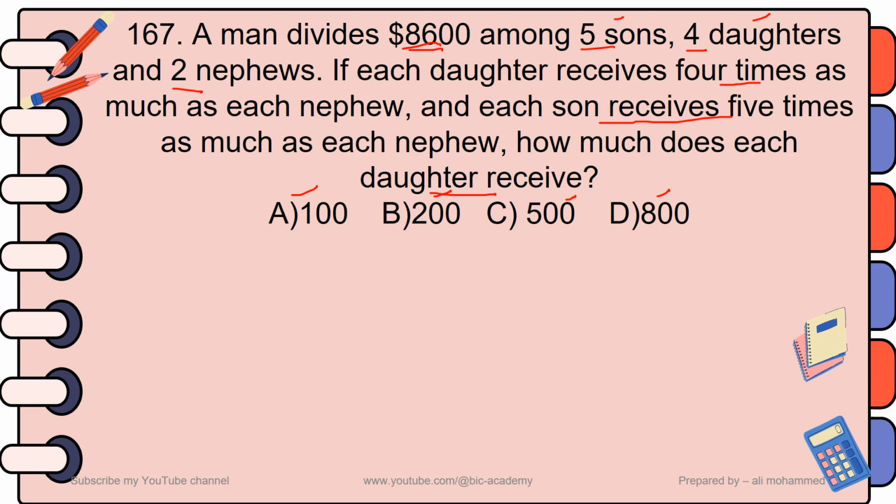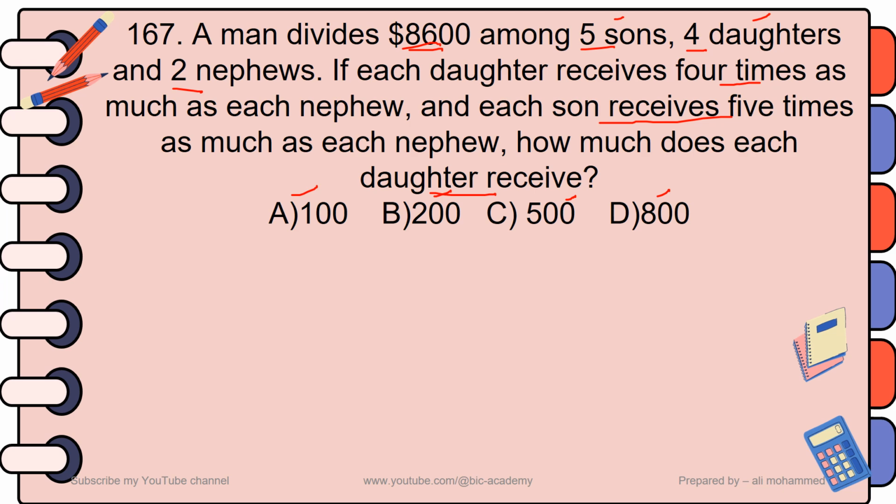Additionally, the share of each daughter is 4 times the share of each nephew, and the share of each son is 5 times the share of each nephew. Then you have to find the share of each nephew, each son, and each daughter. You can also find the share of the total sons, the total daughters, and the total nephews.